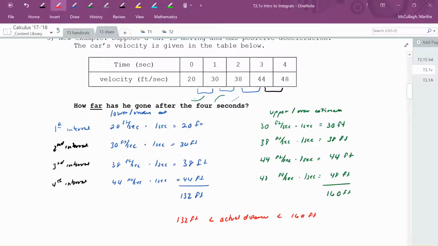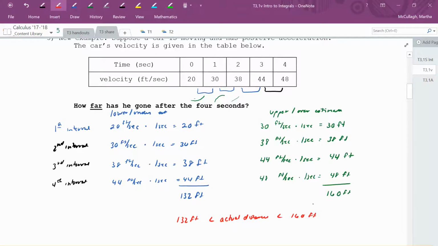This being the least possible, that being the greatest possible, and I'm using less thans instead of less than or equal to, because we know that it has to be something slightly more than that 132 feet and something slightly less than that 160 feet.